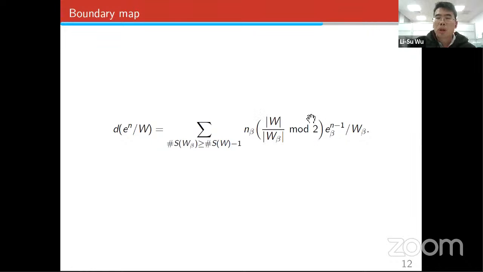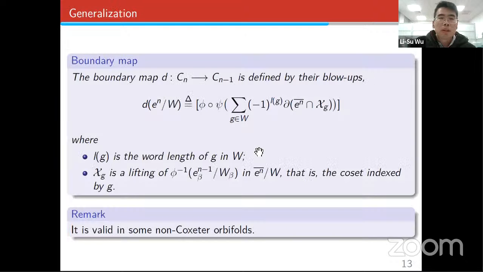And if rho of g is the difference, then this sum is determined by the parity, of course. So we generalize our boundary map. Then our boundary map is in fact induced by phi, the boundary, and the parity with orientation changer.